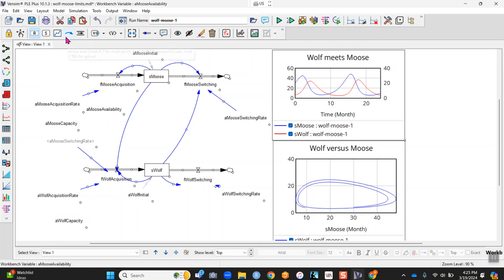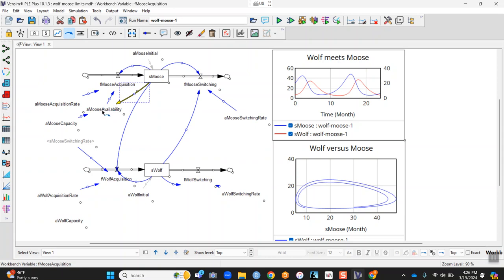We're going to draw arrows from the stock of moose down to moose availability, from capacity number to moose availability. All of these are going to be part of the calculation here. And then from moose availability up to moose acquisition. Fix these a little bit. Okay.